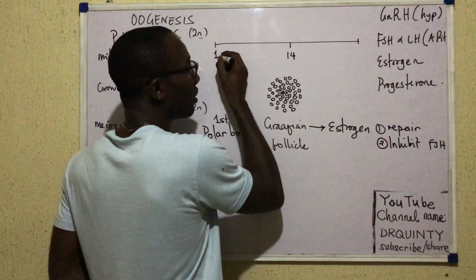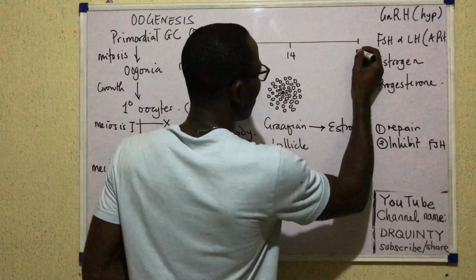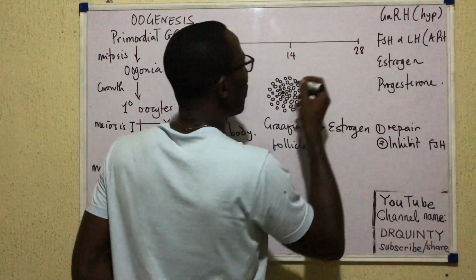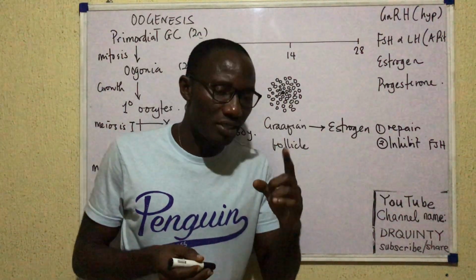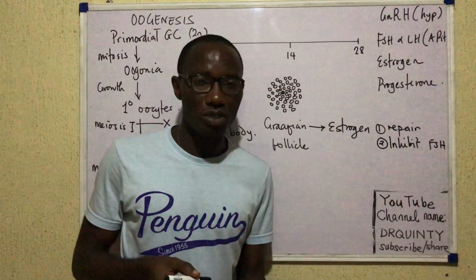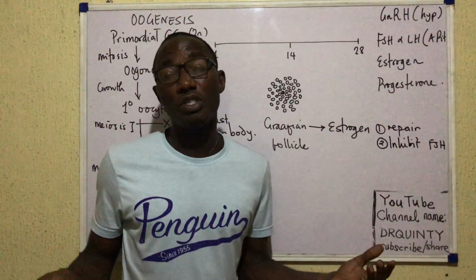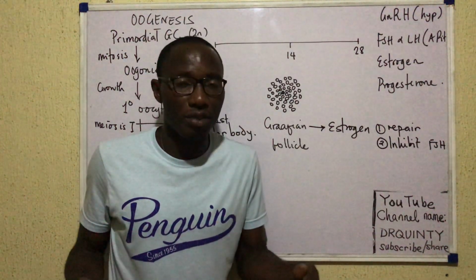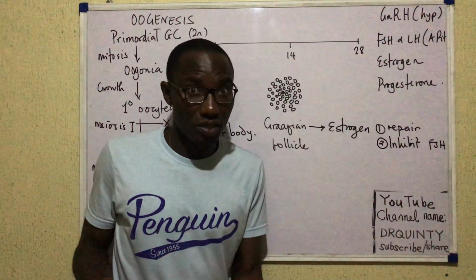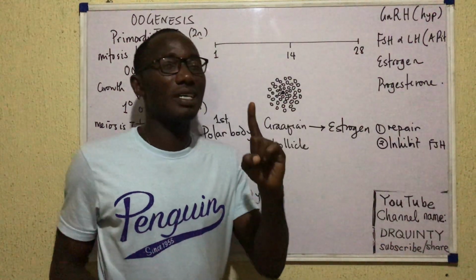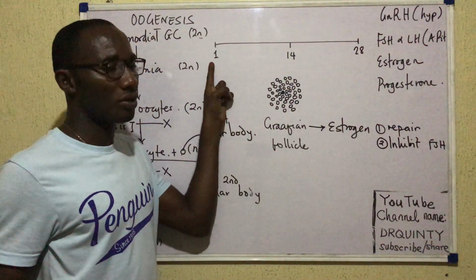This is day 1, so there's no day 0, and this is day 28. Day 1 of the woman's cycle is usually the first day she sees blood, the first day she menstruates. So if a woman menstruates first, let's say on the 4th of January, that day is taken as day 1 of her menstrual cycle.